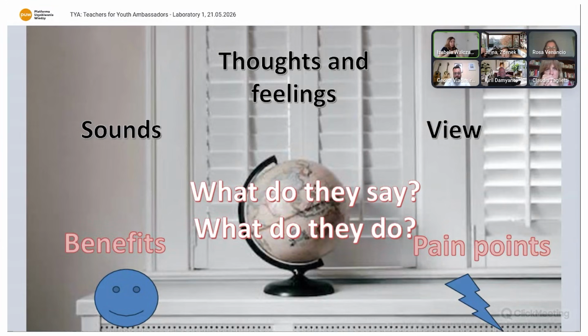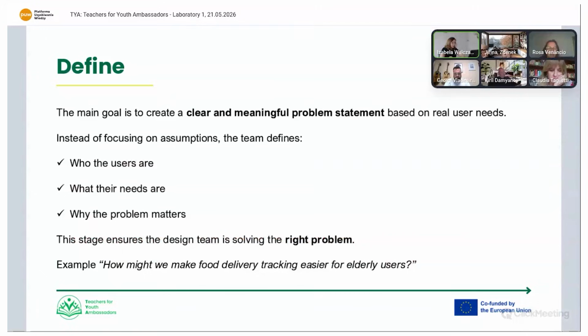What benefits are they looking for, and what pain points or challenges do they experience? So I map their world. This is a kind of output at this stage, after I have heard from them, after I have observed them, and after I have found out more about their experience with the product. This is also something that we will look at.